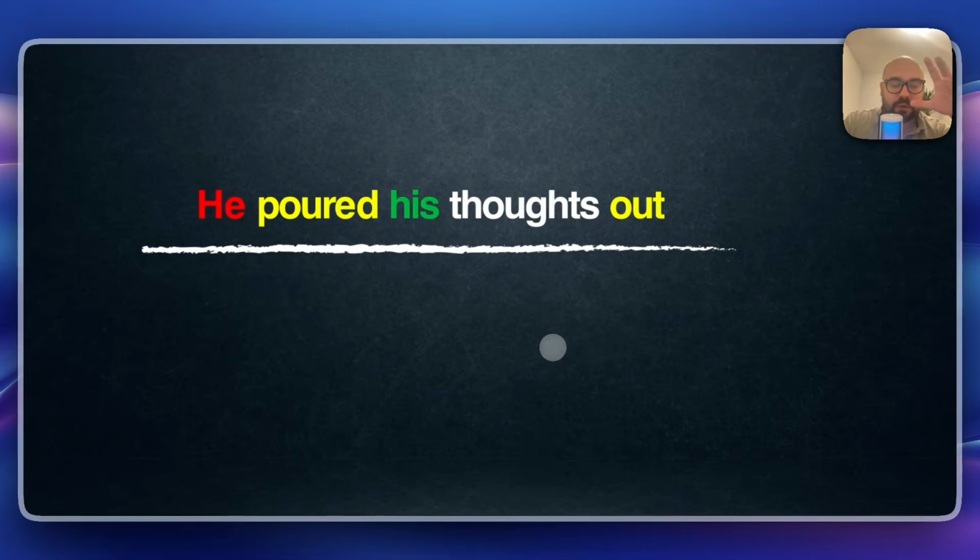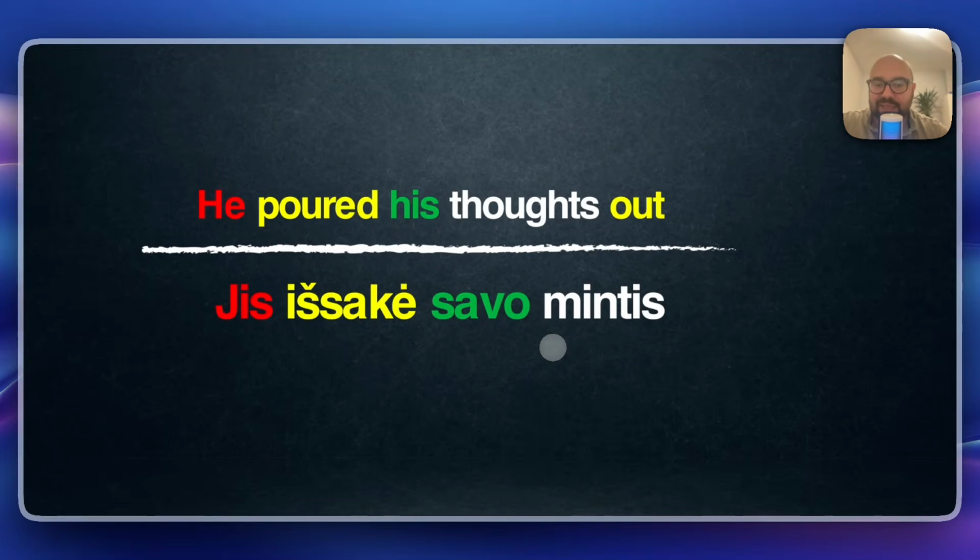So he took all his thoughts that he had and he poured them out. What prefix would you add to this one? So you would say, jis išsakė savo mintis, right? Like, they came all out of him, right? So that's why we use prefix iš in this situation.